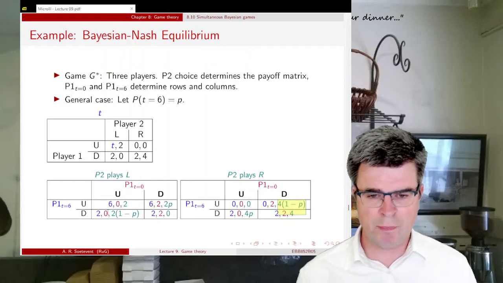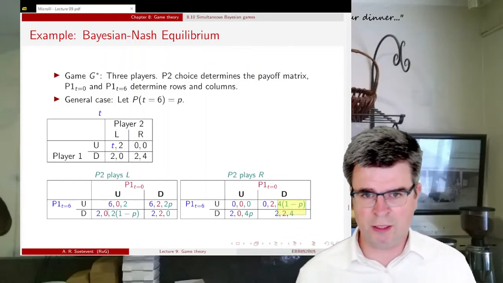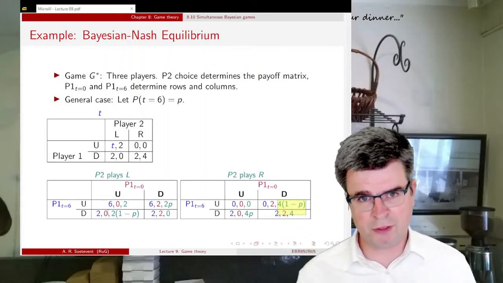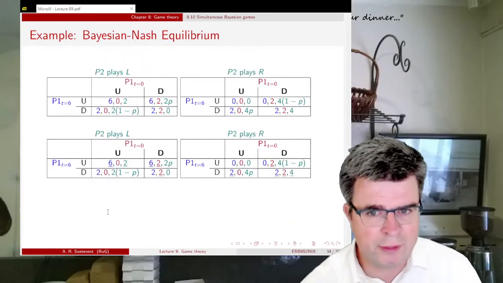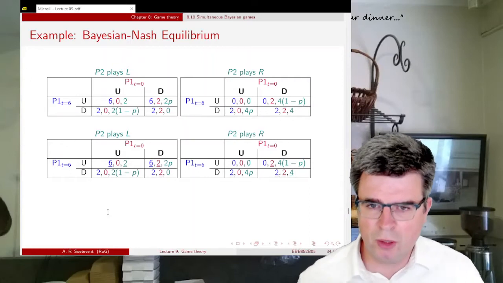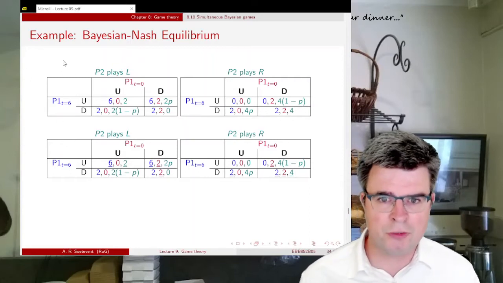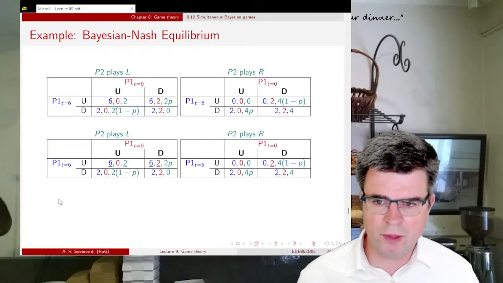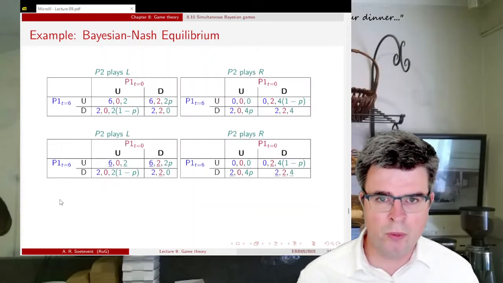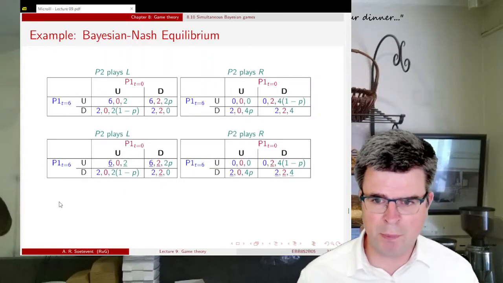So now we have the payoffs of the three players as entries in the payoff matrix, and we can solve for the Bayesian-Nash equilibrium. At the top, I just repeat what's at the bottom here, and then we solve for the best response of each of the three players.